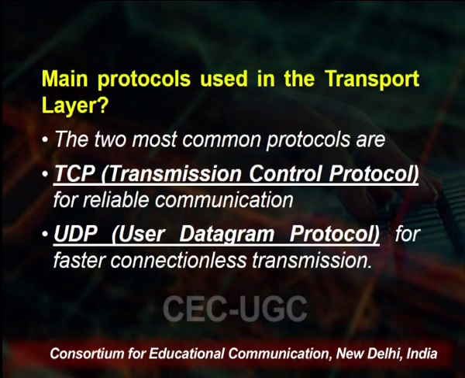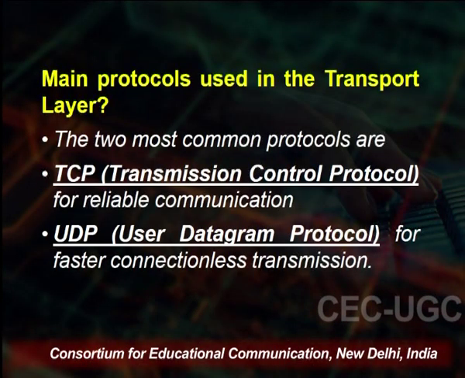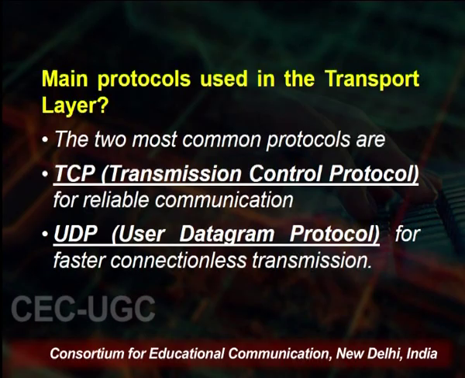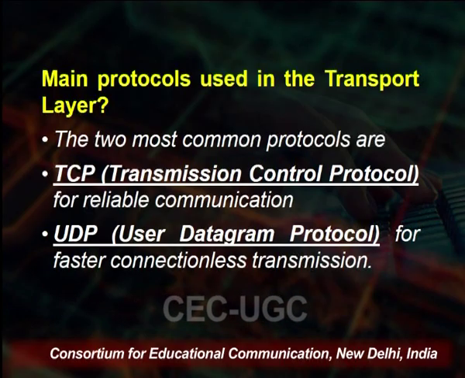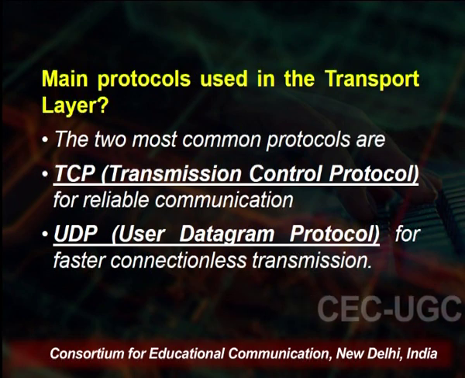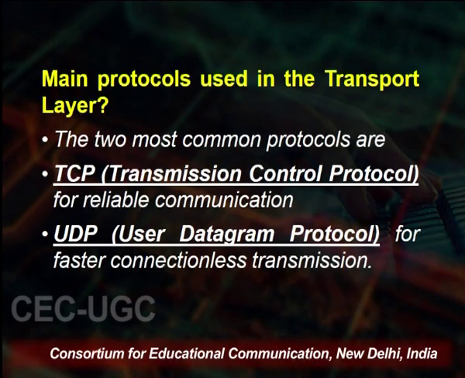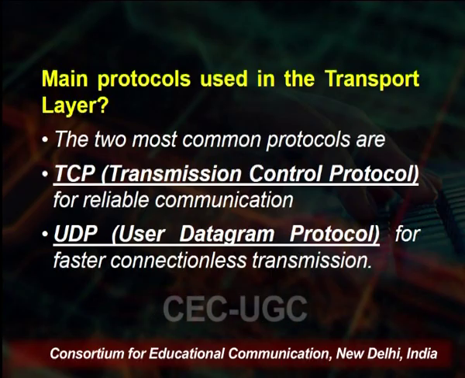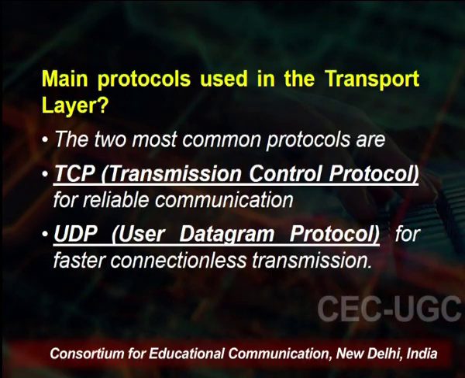The two most common protocols used in the transport layer are TCP, Transmission Control Protocol, which is used for reliable communication, and UDP, User Datagram Protocol, which is used for connectionless but faster transmission. So these two protocols are mainly used in the transport layer, and we need to look into them in detail.